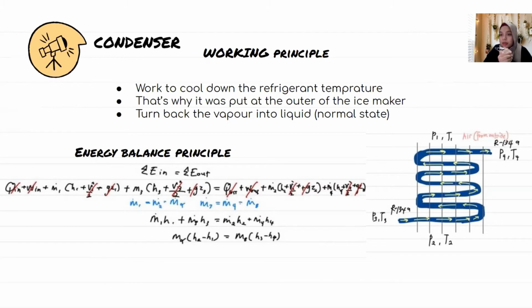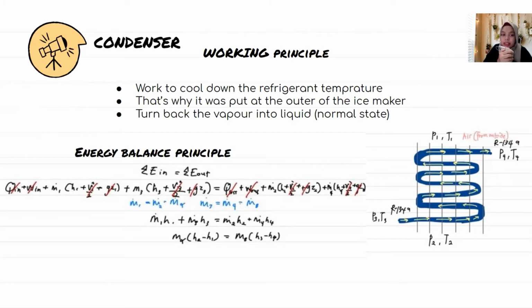That is why the condenser is put at the back of the ice maker, so that heat transfer happens between the coil of the condenser and the atmosphere. We can feel the heat behind the ice maker.